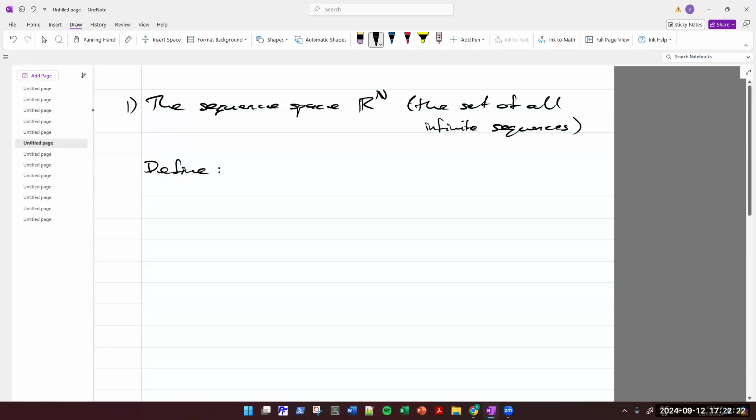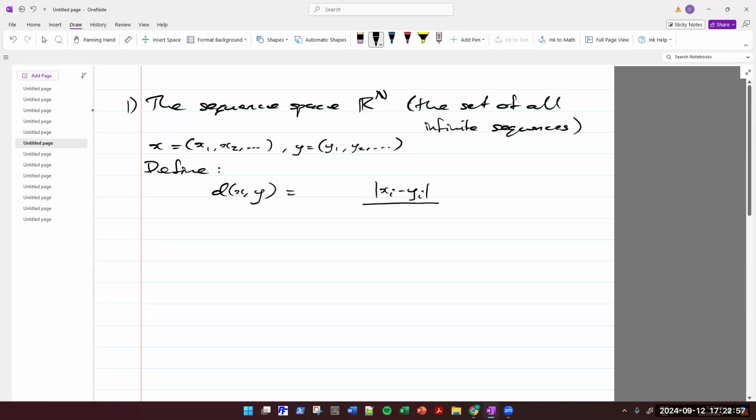So I'm going to define this function. Let's say x. So the elements of this space are of course sequences. So you can think of it as x1, x2, and so on. Y is this sequence, y1, y2, and so on. So I'm going to define the distance or some function between two sequences to be, first, I'm going to subtract their corresponding entries.